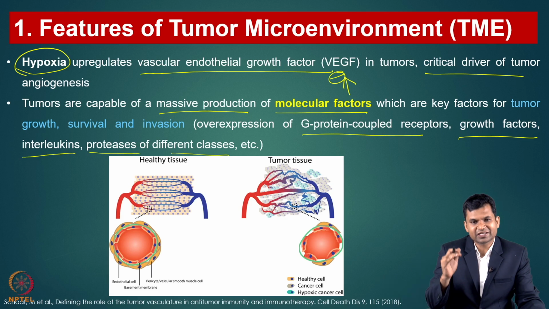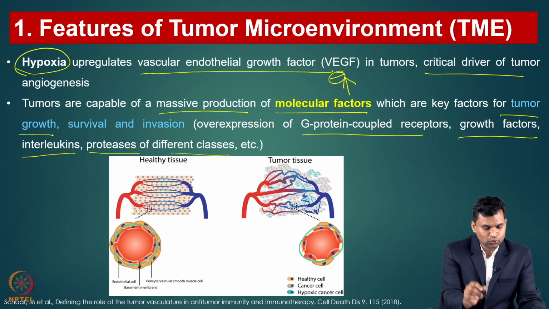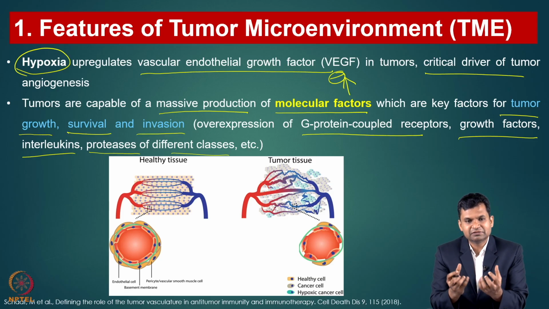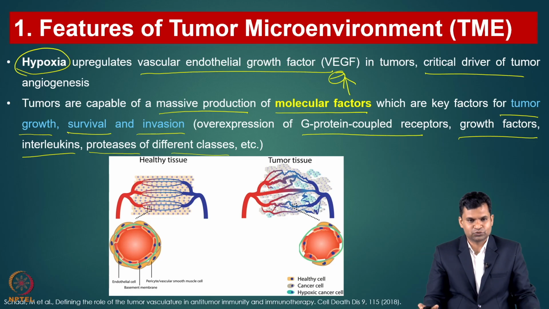These overexpressed molecular factors help cancer cells with growth, survival, and invasion. Now, scientists have utilized this as a targeting approach by using various functionalities to target the cancer cells.